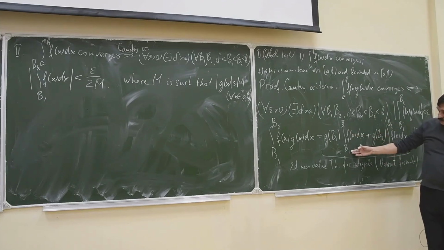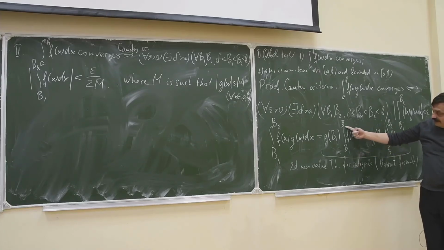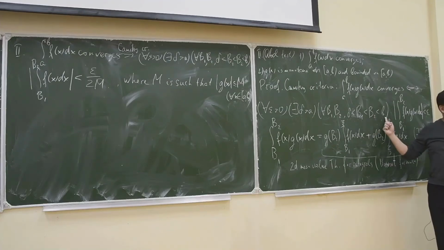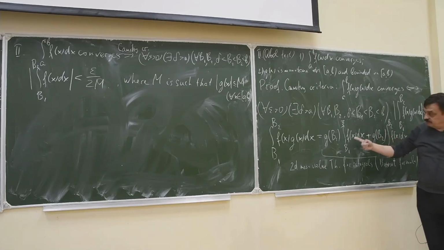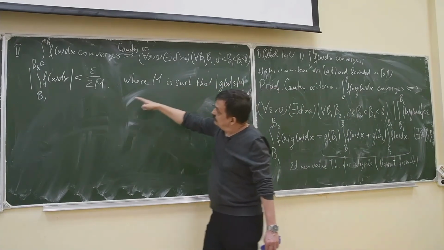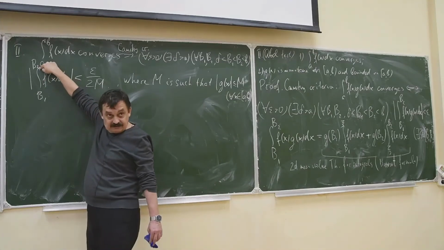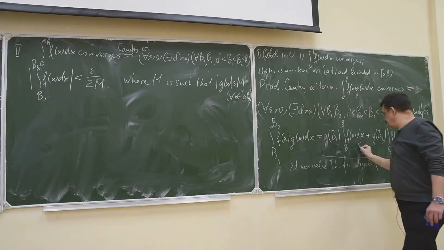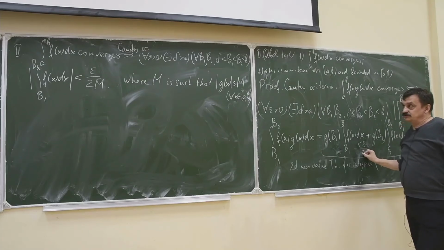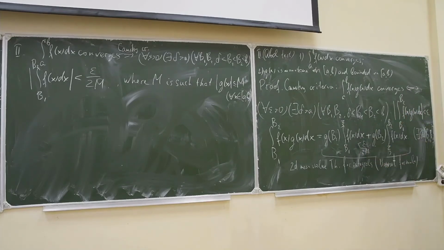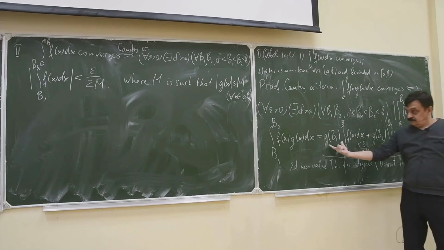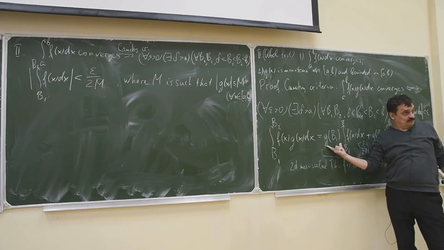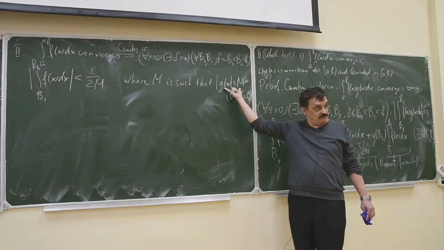I look at this integral. b1 and psi both satisfy that restriction, right? Because psi is between b1 and b2, right? So it means I can estimate integral from b1 to psi by epsilon over 2m, right? So this integral is less than epsilon over 2m by modulus, of course, by this Cauchy criterion. And g of b1 less or equal to m in modulus, because g of x is bounded, right?